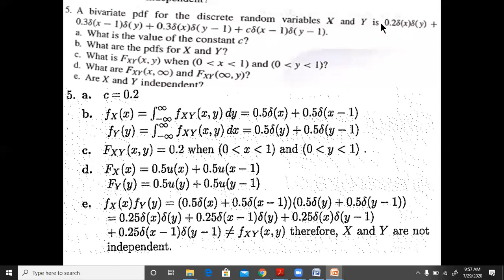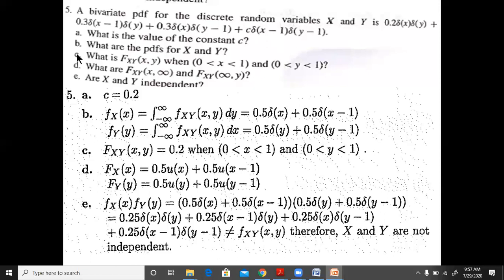So we are left with 0.2 δ(y) plus 0.3 δ(y), which gives 0.5 δ(y). Then 0.3 δ(y minus 1) and 0.2 δ(y minus 1) give again 0.5 δ(y minus 1). That's why we are getting this equation.